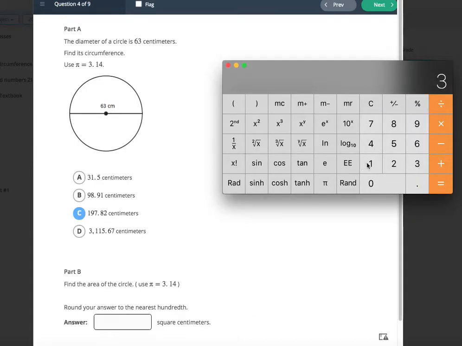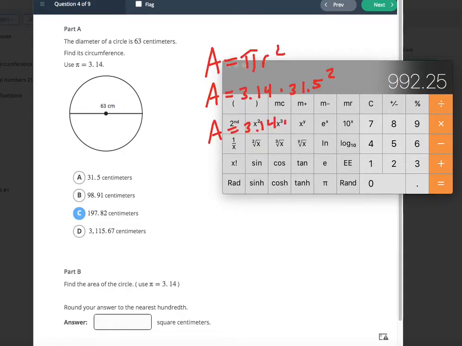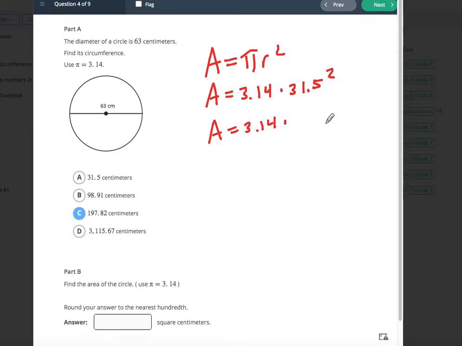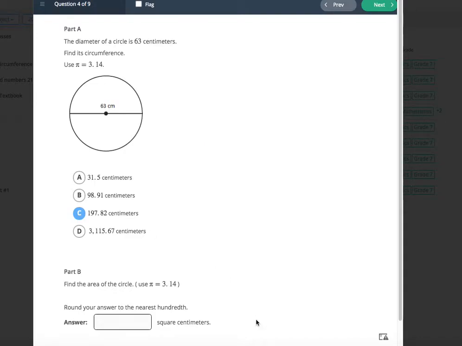So area is equal to 3.14 times 31.5 squared. 31.5 times 31.5 is going to give us 992.25. Now we just have to multiply them together, times 3.14, and let's see what we get.